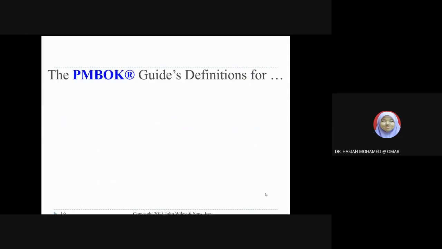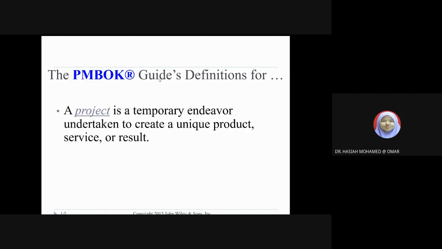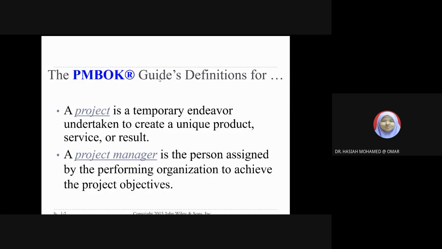In project management, there's the Project Management Body of Knowledge, or PMBOK. They have a standard definition for the project. When we are talking about the project, we also have somebody who leads the project, whom we call the project manager. So a project is a temporary endeavor undertaken to create a unique product, service or result.